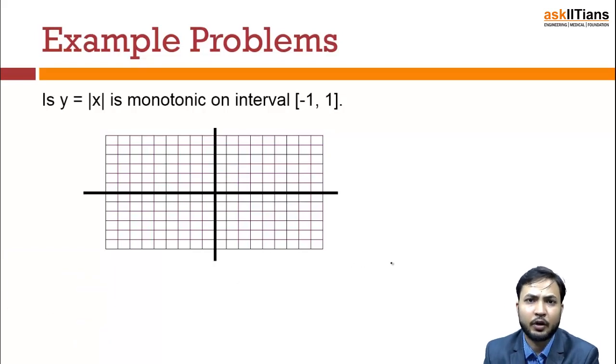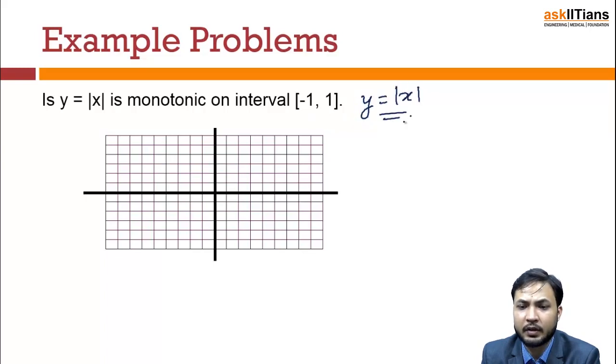Let's say I draw the graph over here. For y equals to mod of x, the graph would be like this, right? I draw it over here also, it will go like this to infinity.